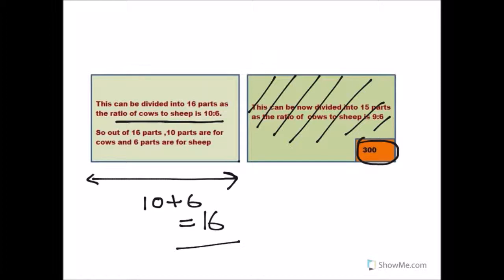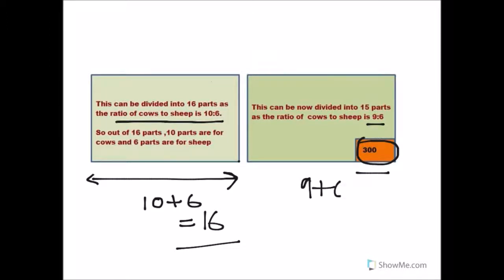Now again, if you leave this 300 out, the balance shows the number of cows and sheep left in the farm. This we divide into 15 parts, because now the ratio has become 9:6. So 9 plus 6 is 15 parts altogether, 9 parts belong to the cows and 6 parts belong to the sheep.